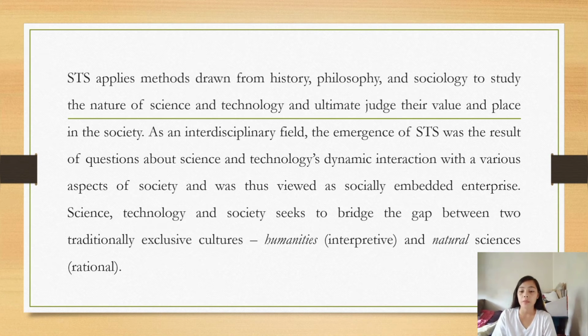As an interdisciplinary field, the emergence of STS, or Science, Technology, and Society, was the result of questions about science and technology's dynamic interaction with the various aspects of society and was thus viewed as a socially embedded enterprise. Science, technology, and society seeks to bridge the gap between two traditionally exclusive cultures, which are humanities and natural sciences.